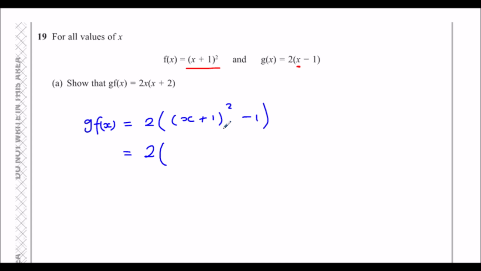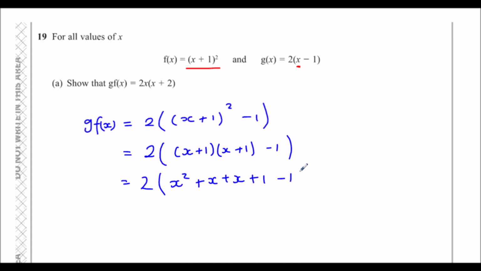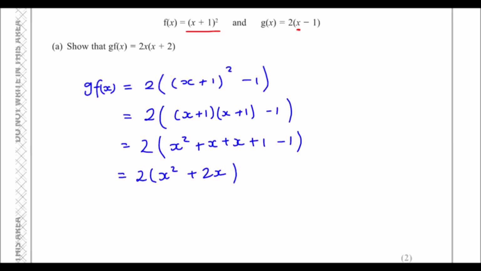So (x plus 1) squared is (x plus 1) times (x plus 1), which is x squared plus 2x plus 1, and we've still got a minus 1. So simplifying, we've got x squared plus 2x, and plus 1 minus 1 cancel.